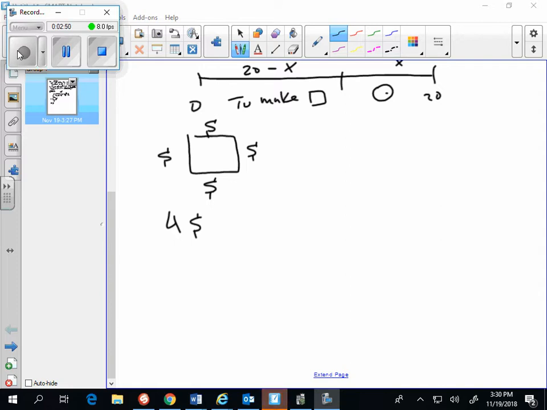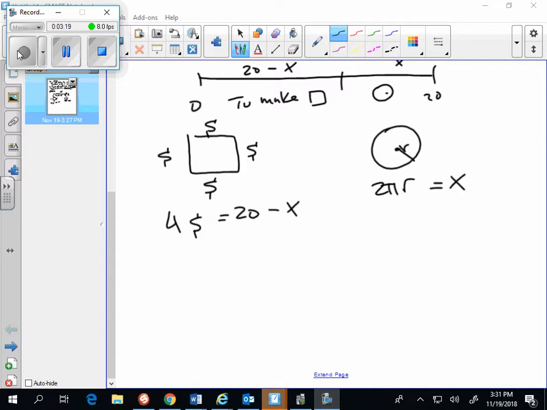Well, I know this amount of wire is also called 20 minus x. And over here, I can do the same thing with the circumference of the circle. The circumference of the circle, I know, is 2 pi r. And if I'm going to make that circumference of the circle, I've got this many inches of wire to do it with. But I don't need circumference and perimeter.